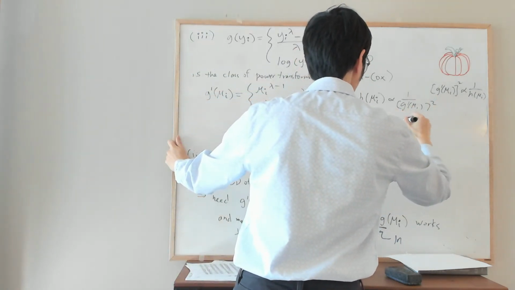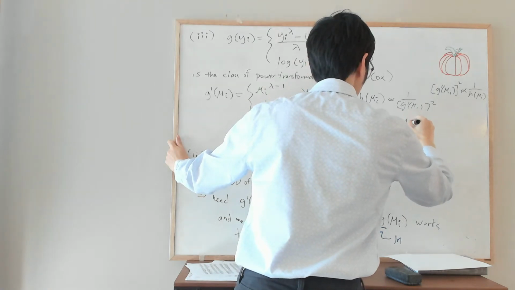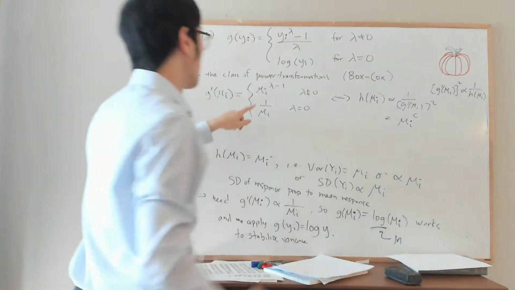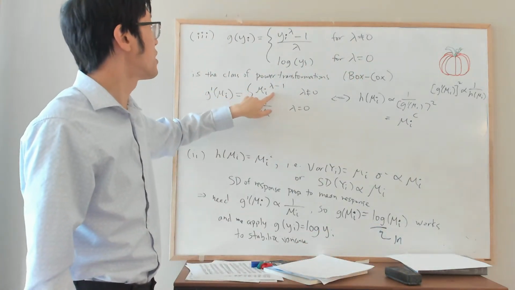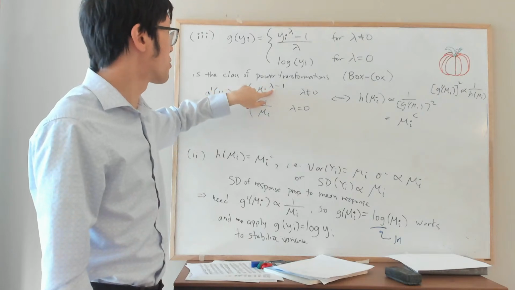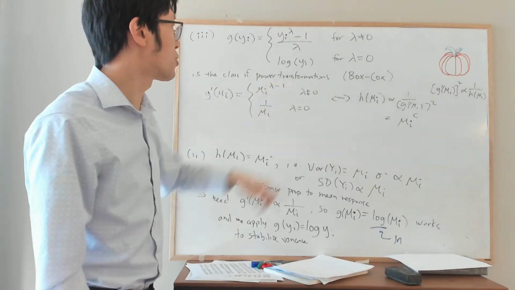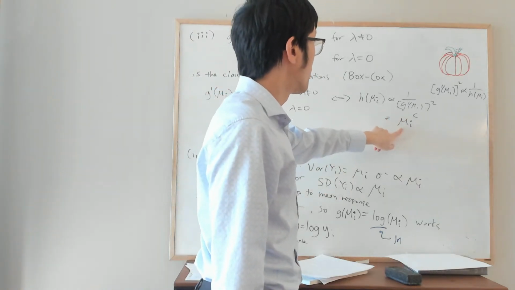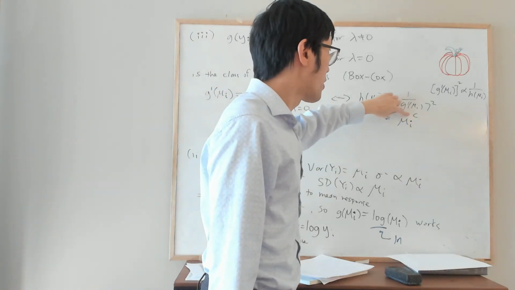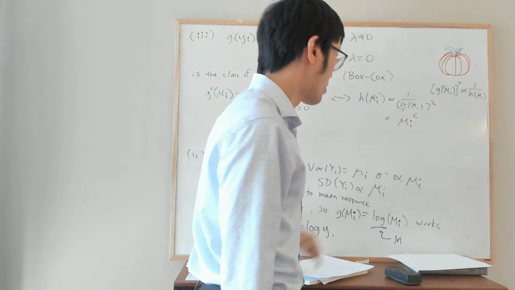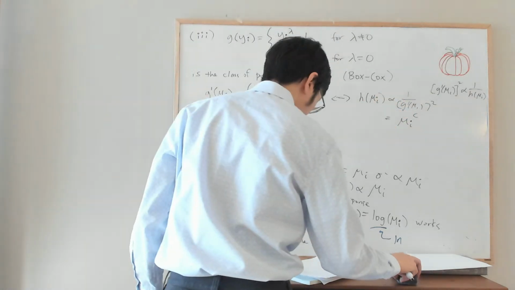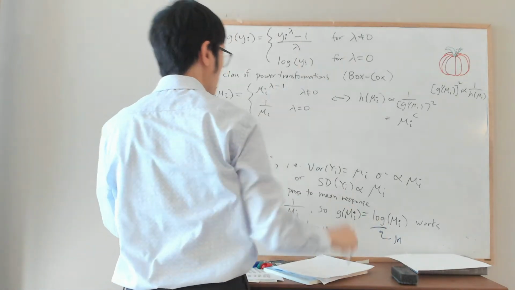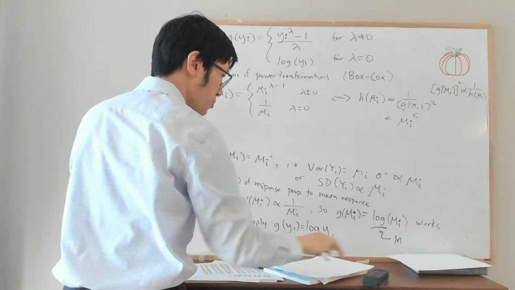So basically this addresses any non-constant variance of this form. Lambda can be any positive or negative real number in this expression. So it addresses any variance of the form where you have the mean to an arbitrary power. That gives us the rationale for this kind of transformation.